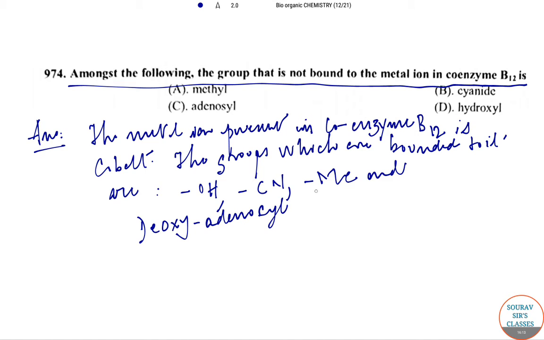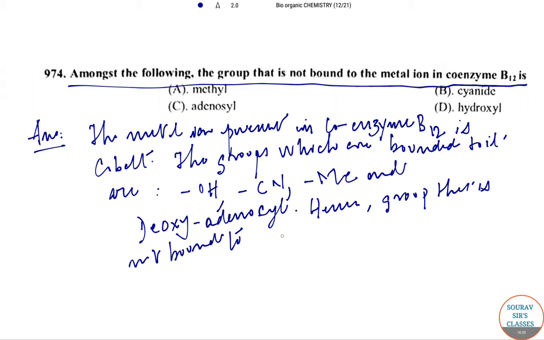Hence, the group that is not bound to the metal ion in coenzyme B12 is adenosine.